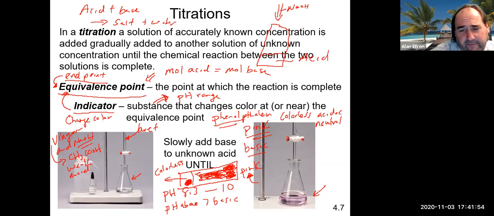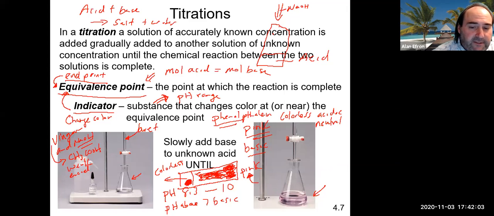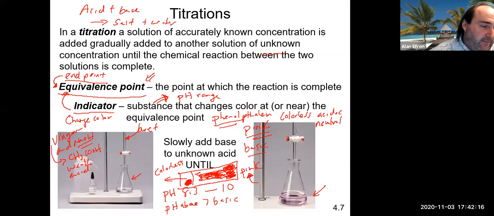The other thing, if you've ever done a titration before, is there's a very common thing that people say, especially when they're using something like phenolphthalein as the indicator. They go, hey, I was just doing my titration, I added 1 drop, and it went from no color to super dark pink.